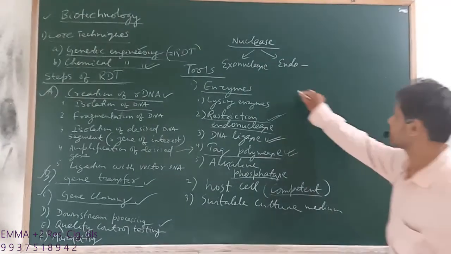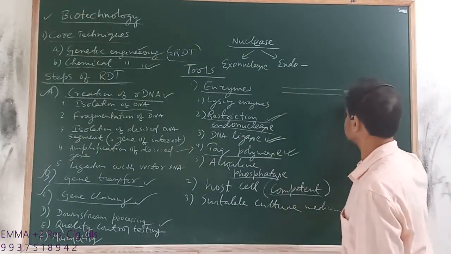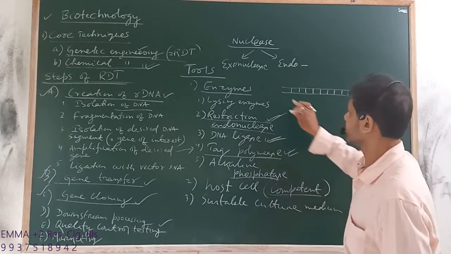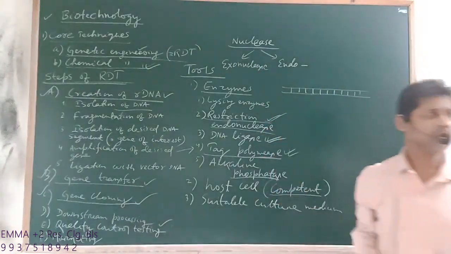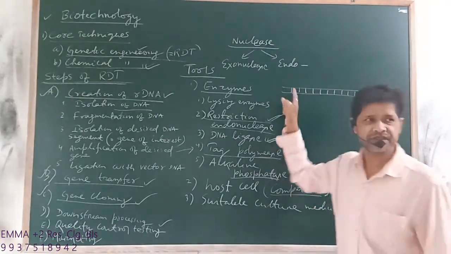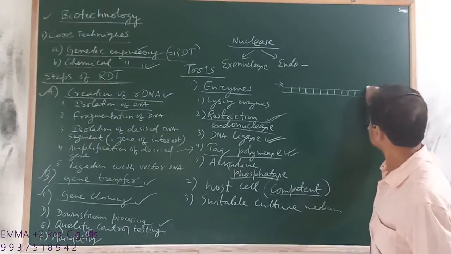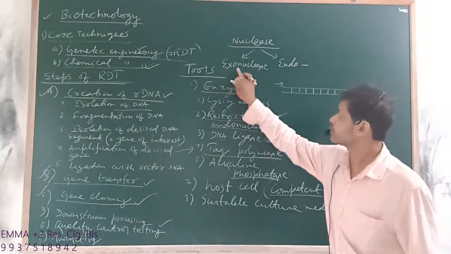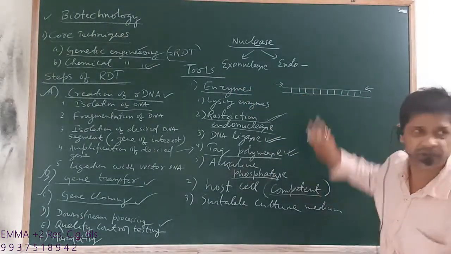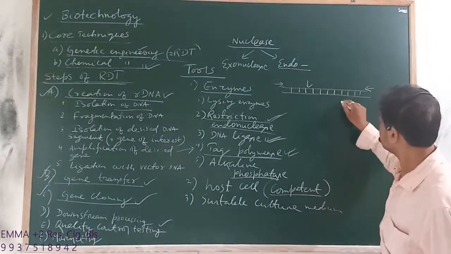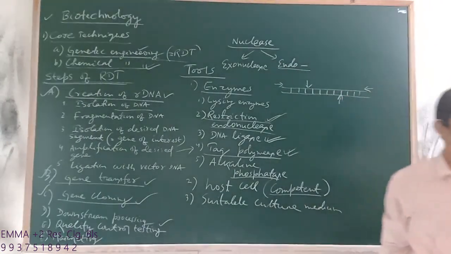That means, suppose this is a DNA molecule. When this DNA molecule is provided with nuclease, it can degrade from outside. Exo means it degrades from outside. Endonuclease can break the DNA in the internal site.